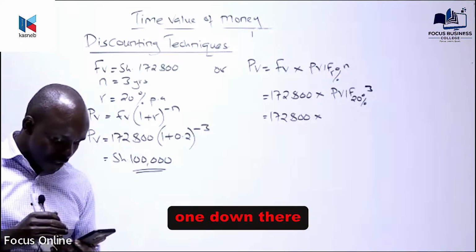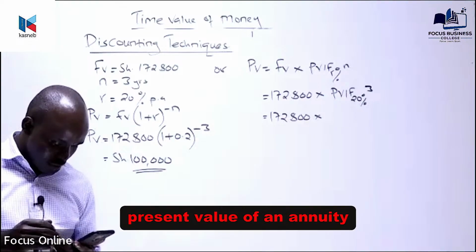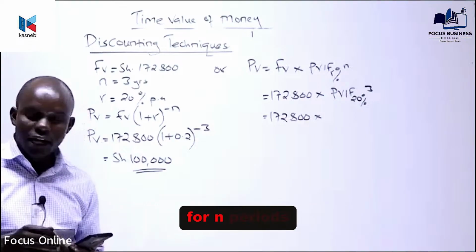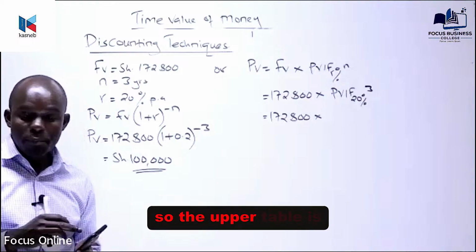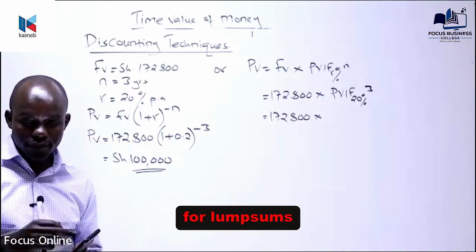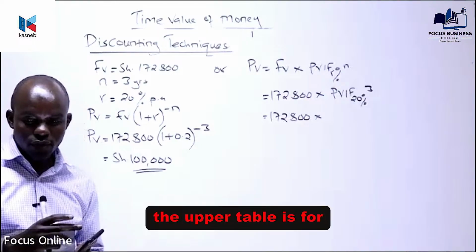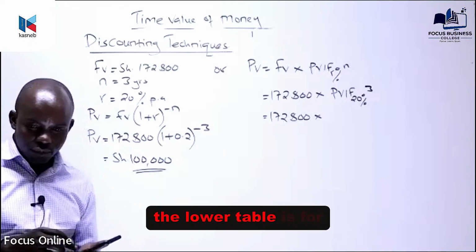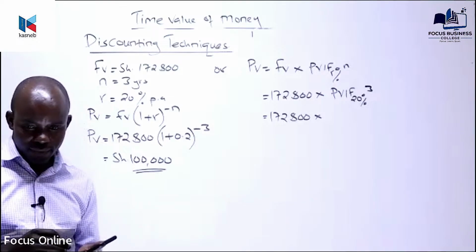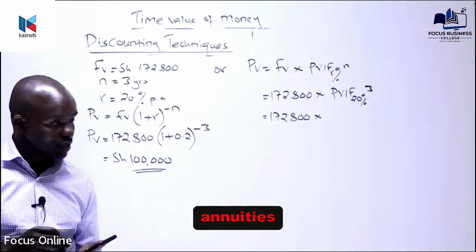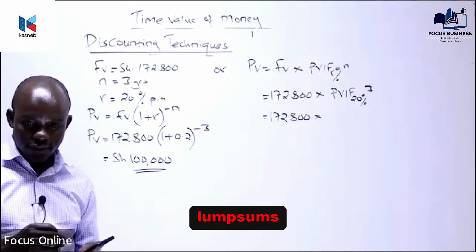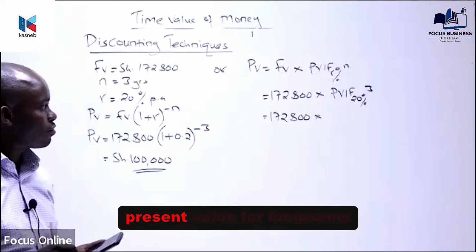The other one down there is present value of an annuity of 1 per period for n periods. So the upper table is for lump sums. The lower table is for annuities. Now we are talking about lump sums, so we are looking at the present value for a lump sum.